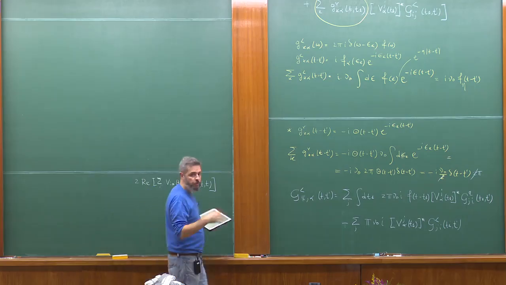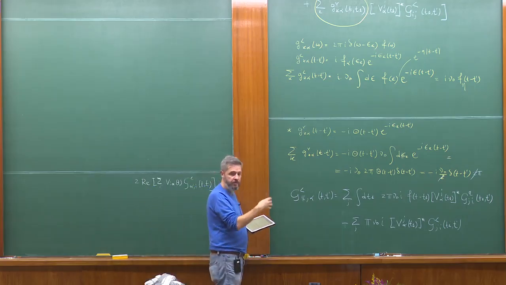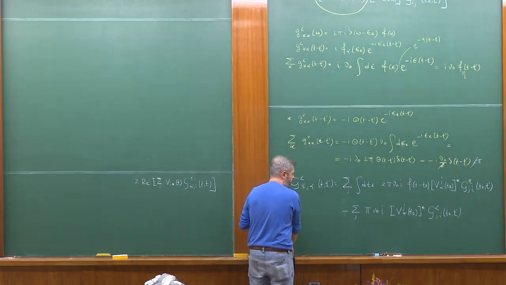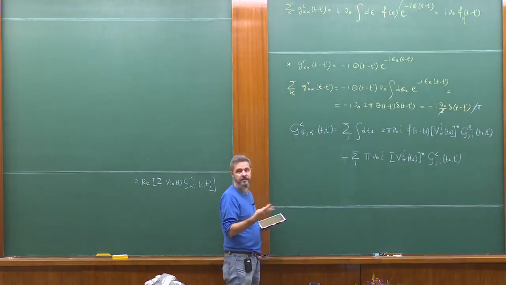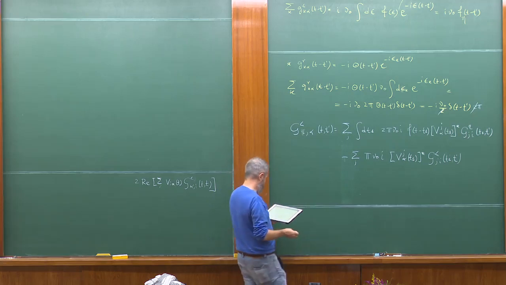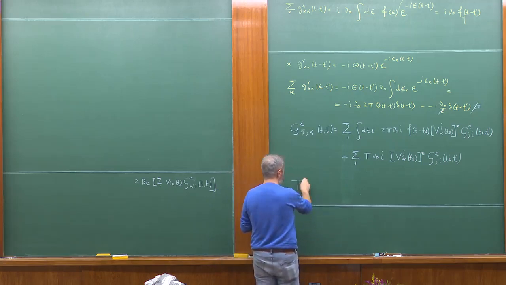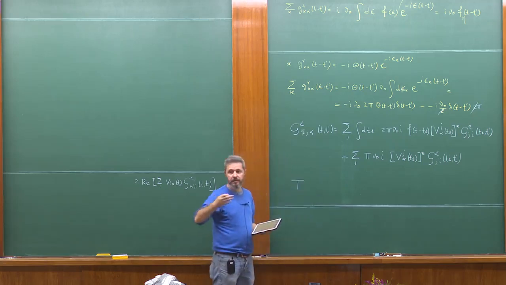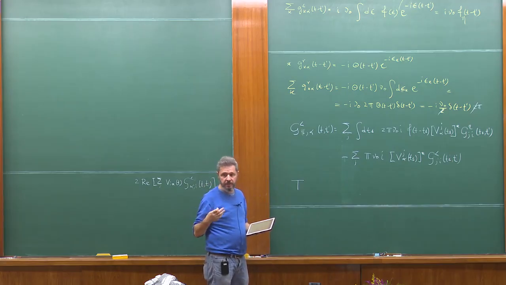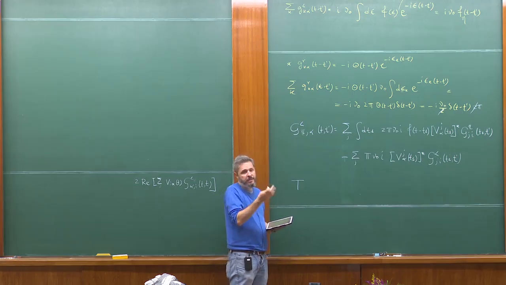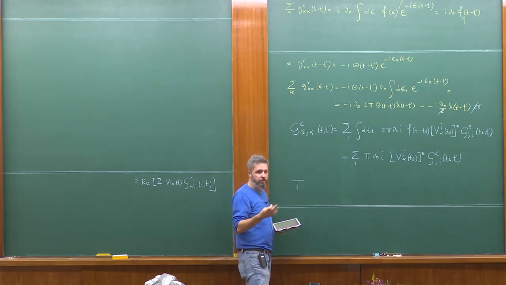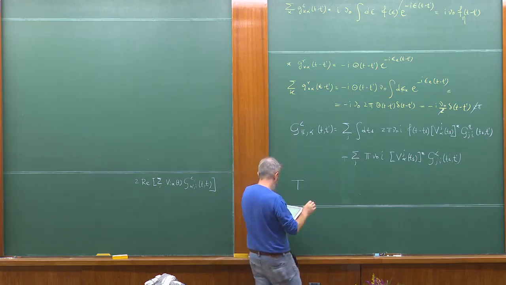So a clever way to rewrite this in a formally expressive way, something that has a physical meaning, is the following. Let me introduce the analog of the T matrix that I introduced yesterday. That was a transmission matrix for scattering. This one is a formal object for the moment. But let me introduce it anyway.